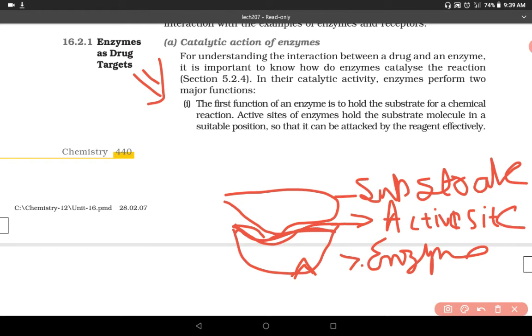Active sites of enzymes hold the substrate molecule in a suitable position, to maintain the grip until the chemical reaction completes. So it holds it properly, so that it can be attacked by the reagent effectively.